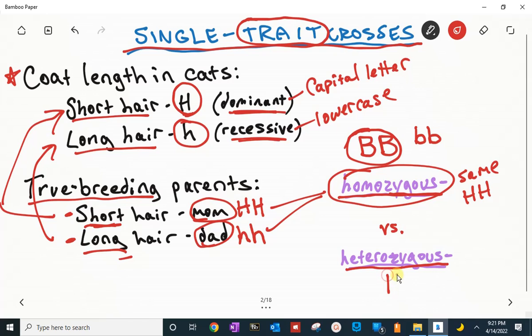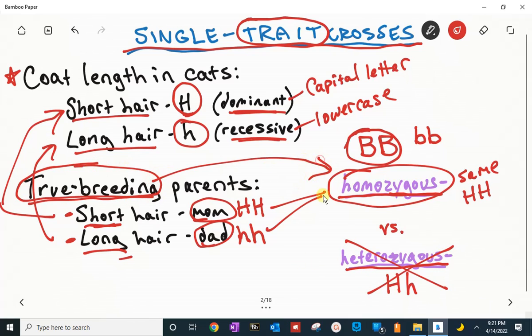Heterozygous would be something like if the mom or dad had one allele on one of the chromosomes in the pair for short hair, and one allele on the other chromosome in the pair for long hair. So that would be heterozygous. But that's not what we are talking about when we're talking about true breeding. True breeding means they're homozygous for those traits.